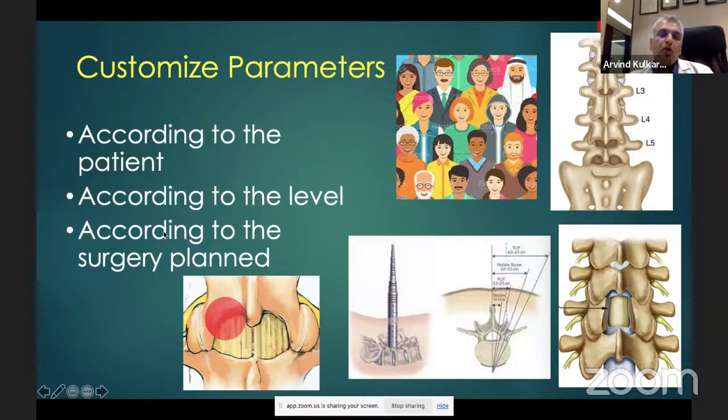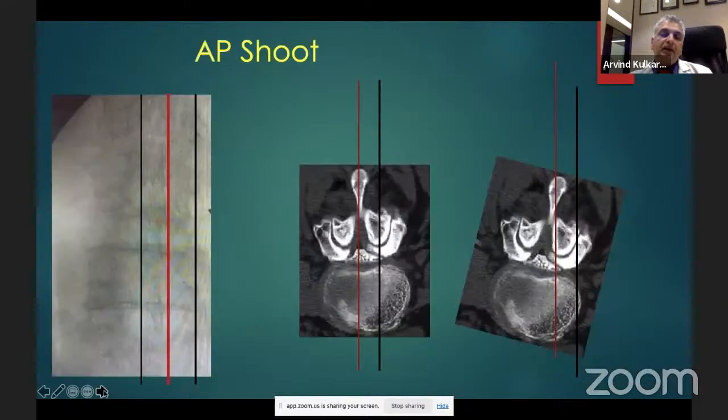And again, your localization varies according to the surgery that is planned. If you're doing a discectomy, it's somewhere here, your red spot that you need to land on. When you're doing a decompression, it will be slightly medial because you need to go to the opposite side. But when you're doing a TLIF, you will be on the facet joint. So it is very important that the spot at which you land is customized based on the surgery.